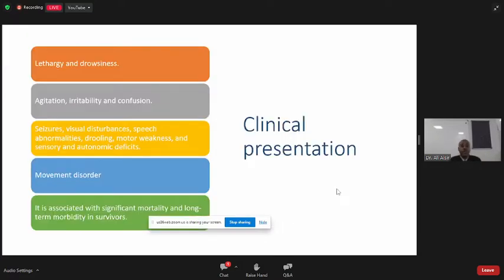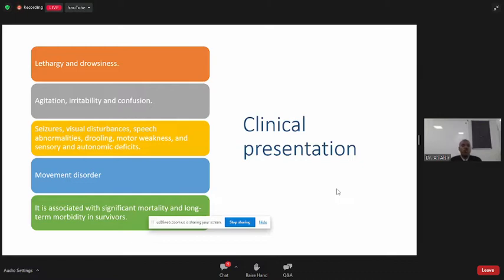The clinical presentation of encephalopathy in general is very wide and variable, starting from lethargy and drowsiness at the beginning of the spectrum, and some cases are at the end of the spectrum. They present sometimes with agitation, irritability, and confusion. Among adults, you can hear different terms like stuporose and comatose, and all of these are encephalopathic states.